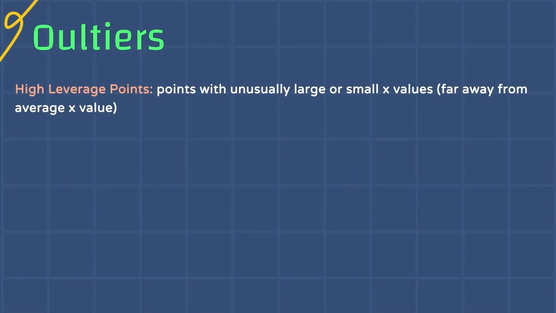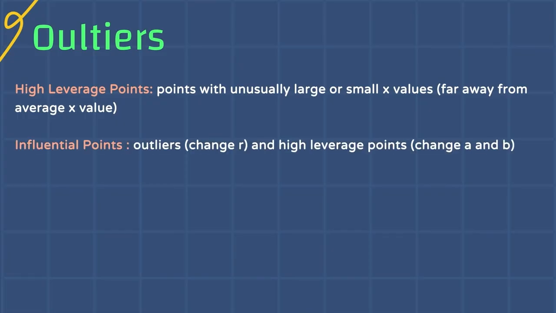Now, outliers. High leverage points are points with unusually large or small x values, so they're far away from the other x values. Influential points are outliers that change r, and high leverage points change a and b. High leverage points may sound like outliers, but they are specifically points that are super far away to the right or left, because it's the x value that's changing, not the y.